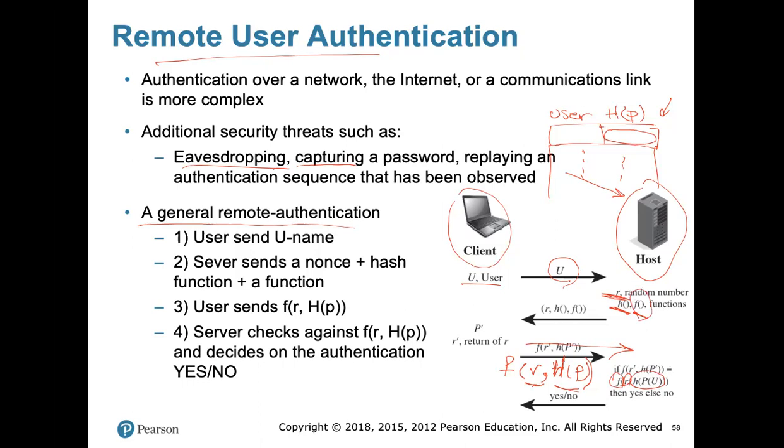It applies the same function on R and the hash of the password, and compares whatever the host calculates with what came from the client. If these two match, it means this is a legit, authentic user, and the permission will be granted. Otherwise, the user or the individual will be rejected.